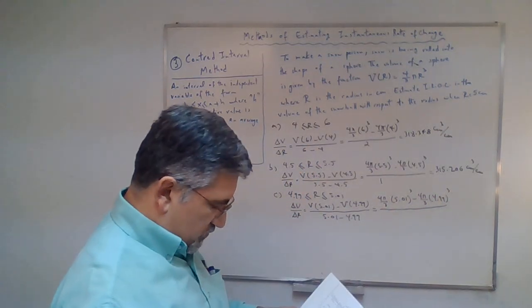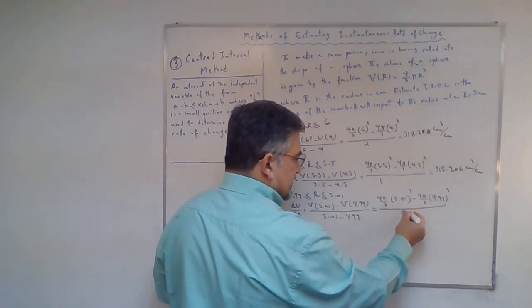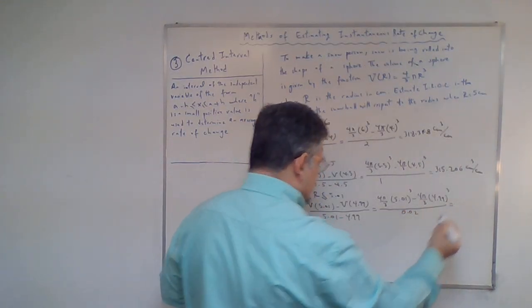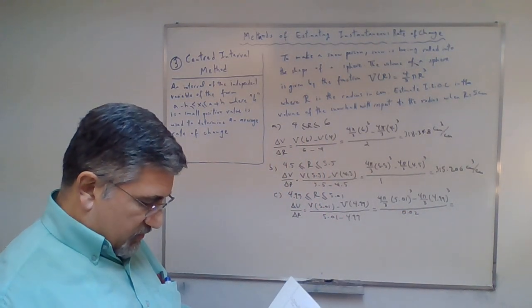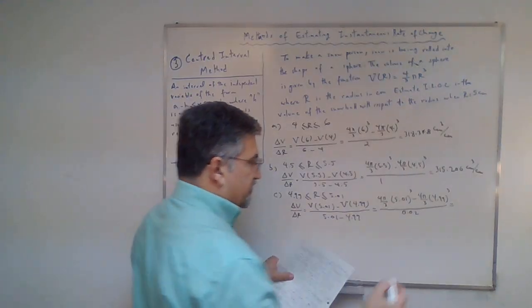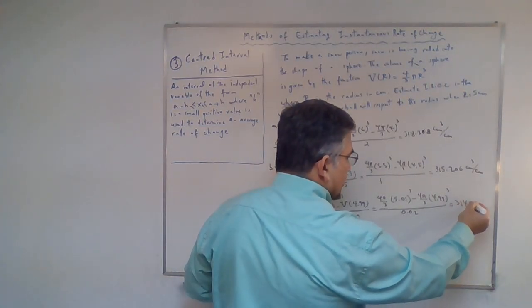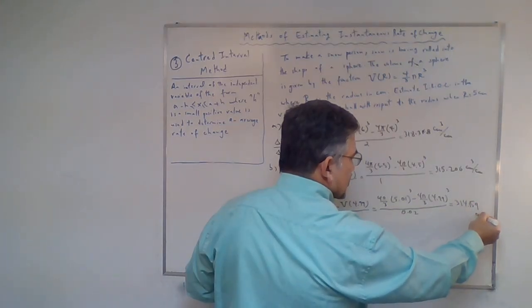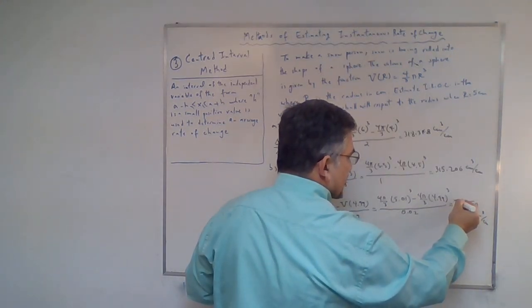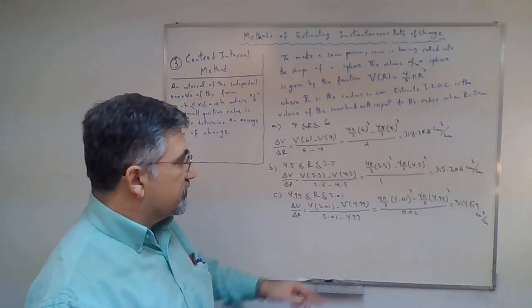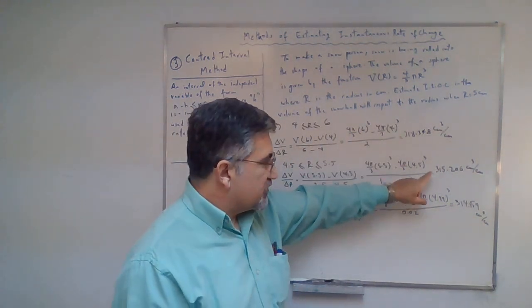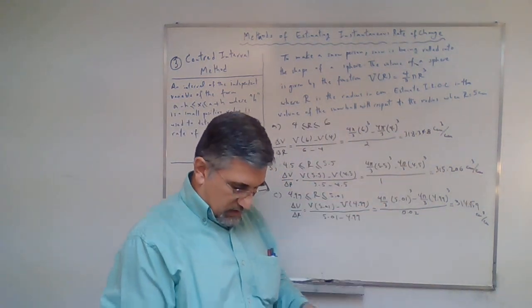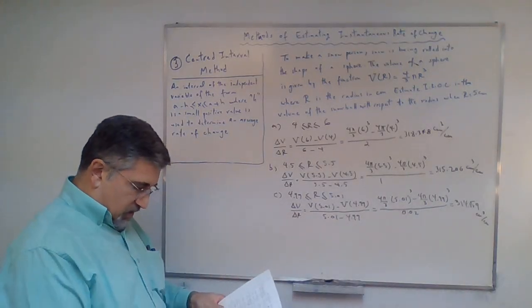The denominator would be 0.02 clearly, and this time the answer will be 314.159 cubic centimeters per centimeter. So first we got 318, and then 315, and now we got 314.